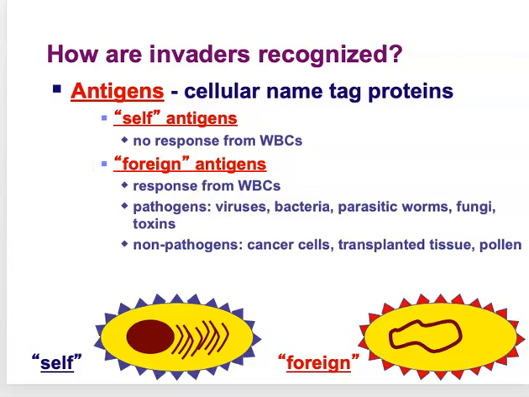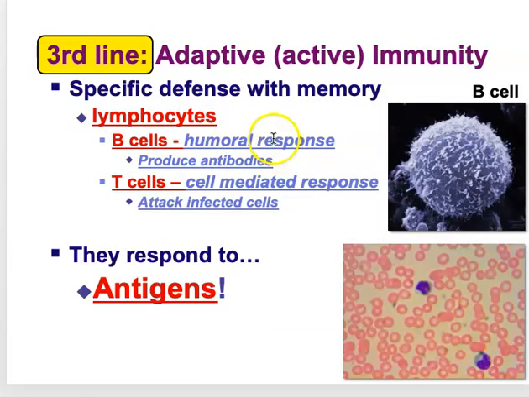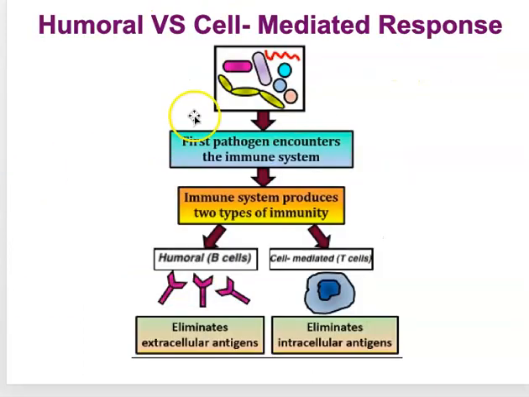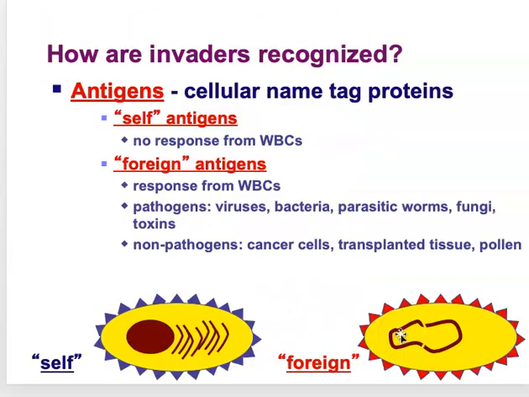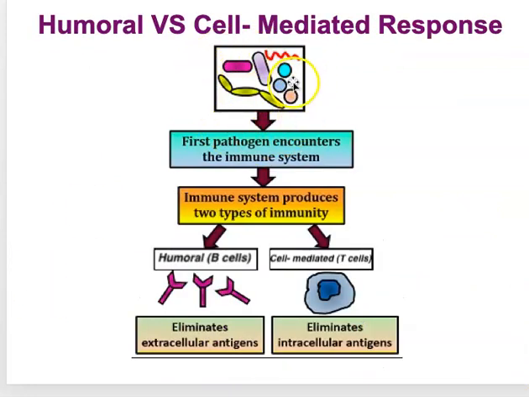Okay, so let's go a little bit back into this idea that you have two different types of immune system responses within your third line of defense: the humoral and the cell-mediated. The first thing that's going to cause any sort of immune system response is that a pathogen encounters the immune system. So a foreign organism or a foreign body enters your system and causes the immune system to get triggered.